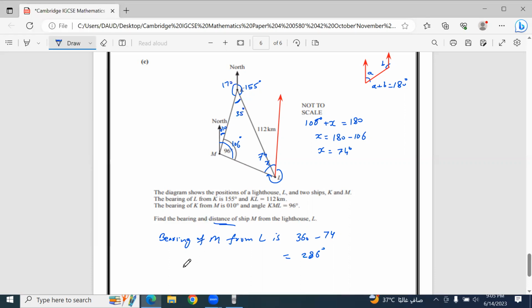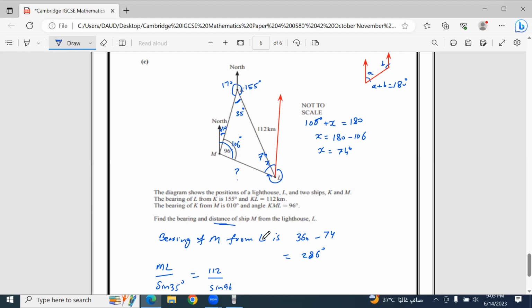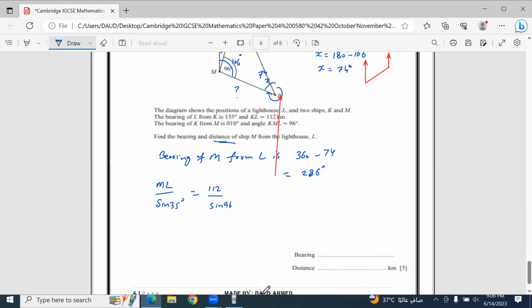If I apply the sine law, this side ML, which we don't know, so ML over sine 35 equals the other side 112, and the opposite angle we know, which is 96. So I can use 112 over sine 96. Now you can easily find the distance ML.